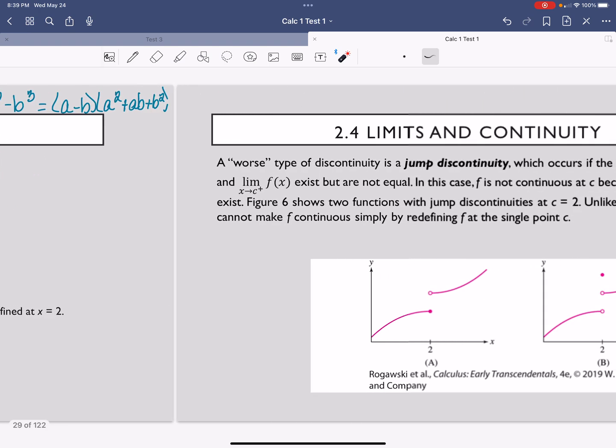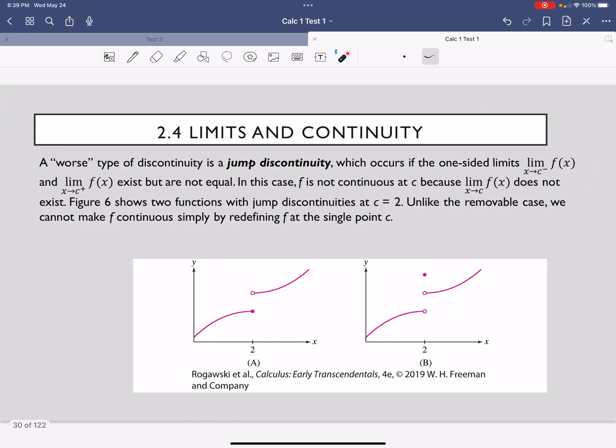Okay. So here is when we have a jump discontinuity. So we have removable discontinuity, and here we are talking about jump discontinuity. This occurs when one-sided limits exist, but they don't agree. They're not equal.